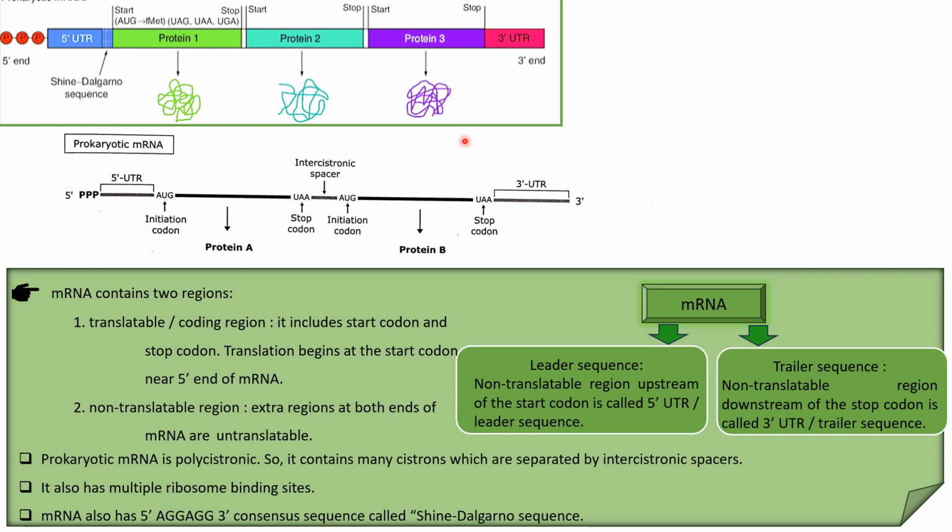Now there are always extra regions on both the ends, that is 5' and 3' ends of the mRNA, which are untranslatable. So the non-translatable region which is present upstream of the start codon is known as 5' UTR, because it is present on the 5' end of the mRNA, and UTR stands for untranslated region. It is also known as leader sequence or leader region.